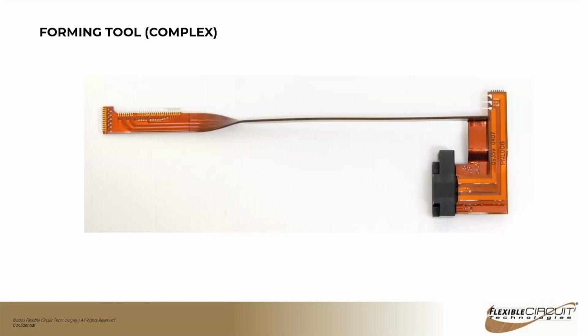And this part here, you can see on the left, we're actually, again, forming this on multiple axes. We have a step on the far right. So this would be more of a complex tool set, but FCT is very knowledgeable on the different tools, either manual, pneumatic, whatever you would need to be able to accomplish the bend, designing these tools to be able to do that.